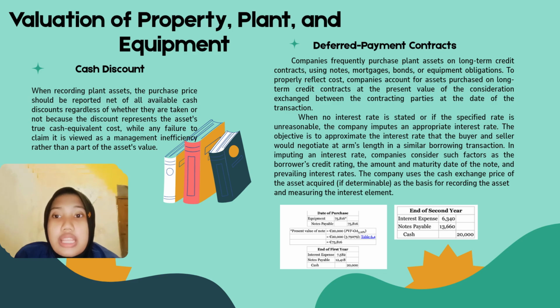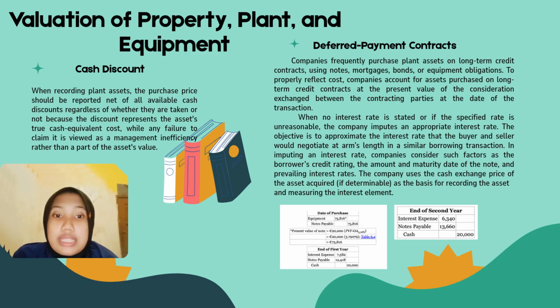So the entry at the end of the second year is like that. If Sarah did not impute an interest rate for the deferred payment contract, it would record the asset at an amount greater than its fair value. In addition, Sarah would understate interest expense in the income statement for all periods involved.